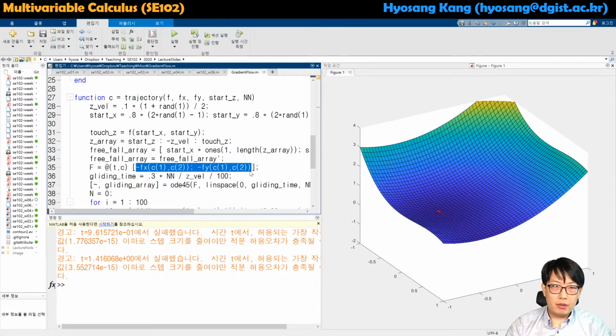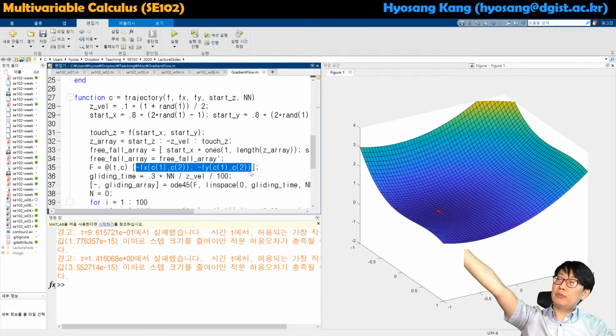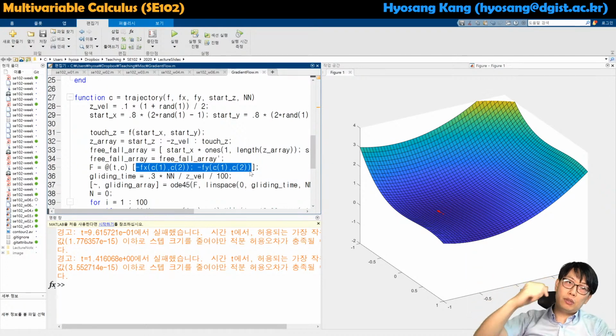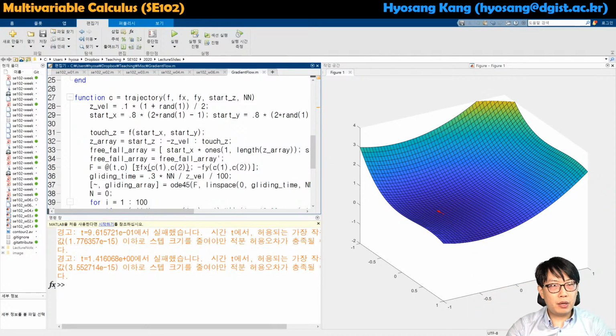Okay, do you remember how to solve the differential equation numerically using MATLAB? So first, in the system of differential equations, you have to set your differential equation on the left, which is x prime and y prime, and on the right, which becomes the function of x and y. Okay, so this first part is x prime and second part is y prime, and I used ODE45 to find the actual solution.